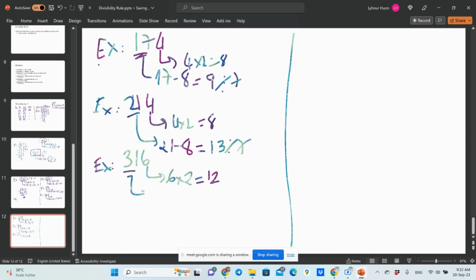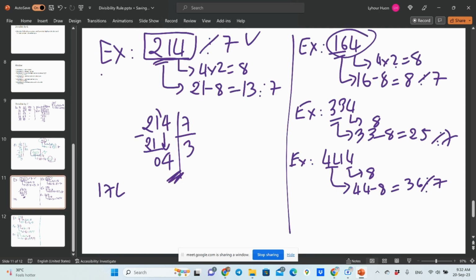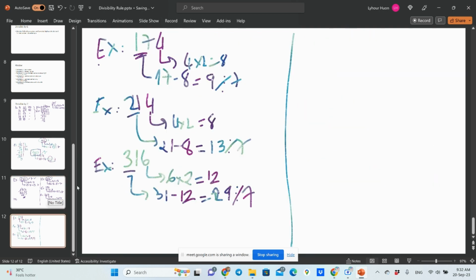Now 31 minus 12 is 30, 29, 28, 27, 26, 25, 19. Is 19 divisible by 7? No, it isn't, still. Oh my god, we have tried like 1, 2, 3, 4, 5, 6, 7.